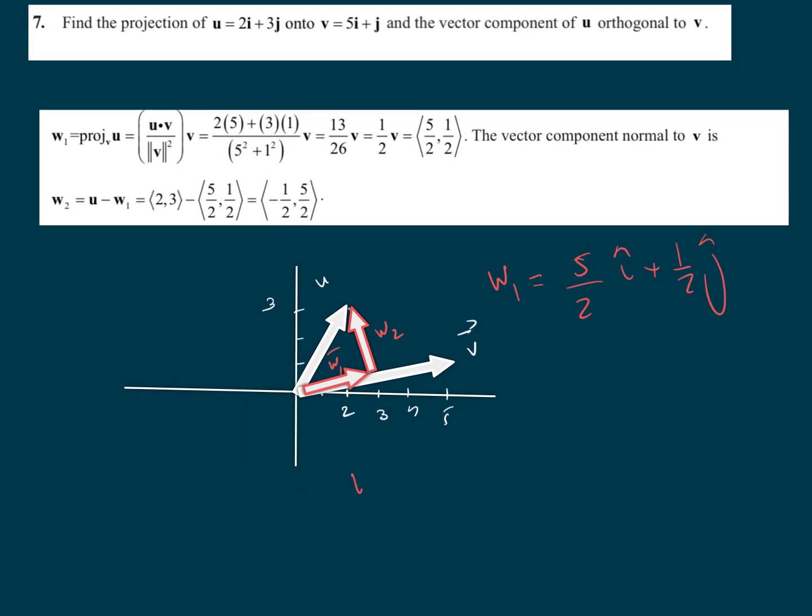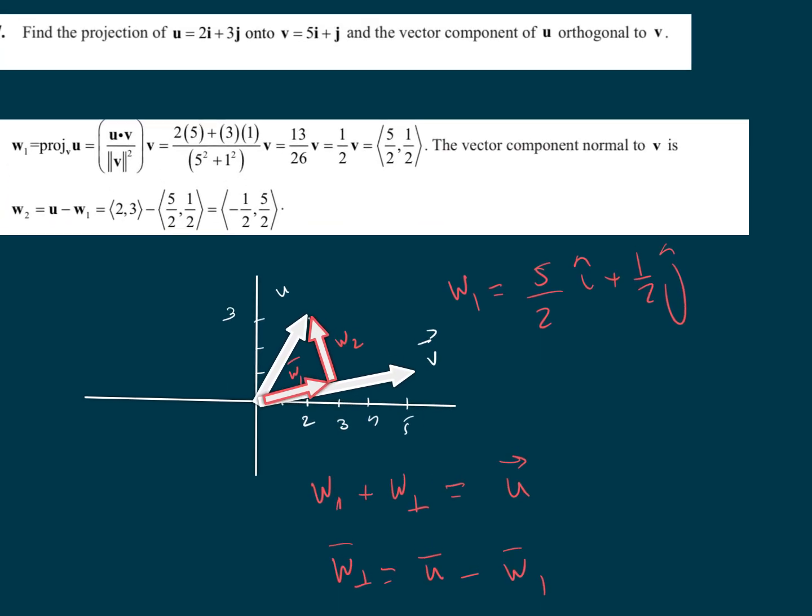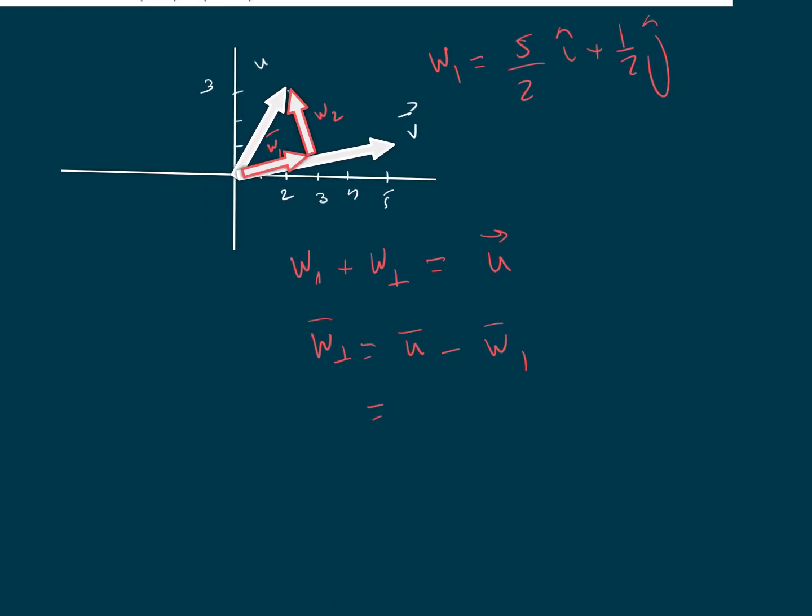We know that W1 plus W perpendicular is equal to U. Seeing the picture, W1 plus W perpendicular is U. So to find W perpendicular, W perpendicular is U minus W1. Who is U? U is the vector 2i plus 3j.